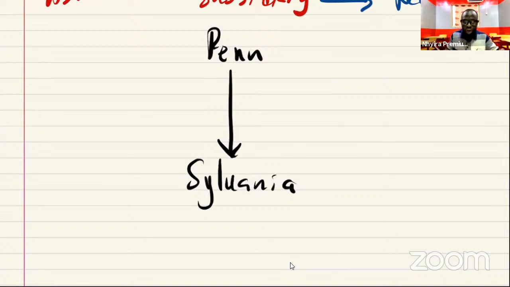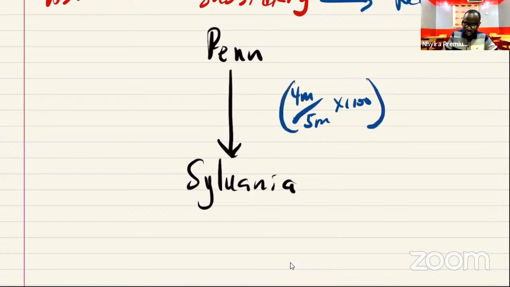We don't know how many shares they own, but we are told they acquired 4 million of the 5 million shares. So that's going to be 4 million over 5 million times 100%. I think that should give us 90%, I guess.